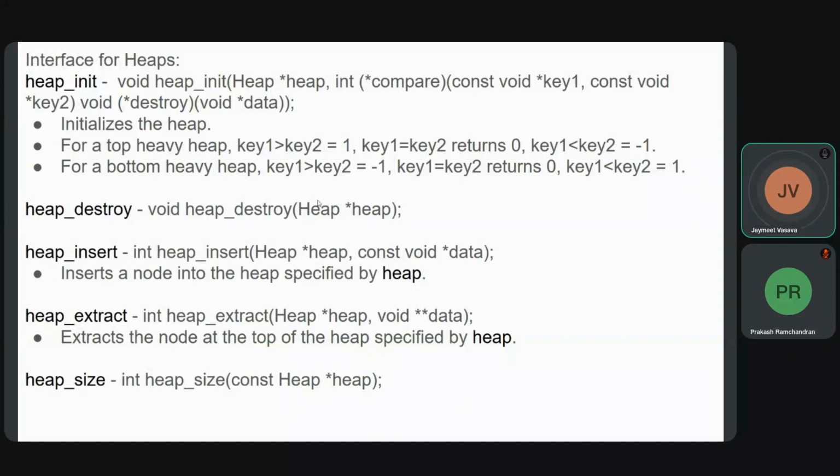Heap destroy is an operation for deallocating the memory for the heap. Then heap insert is for inserting a node specified by the heap pointer, extract is for extracting the node at the top of the heap, and heap size tells us the size of the heap.